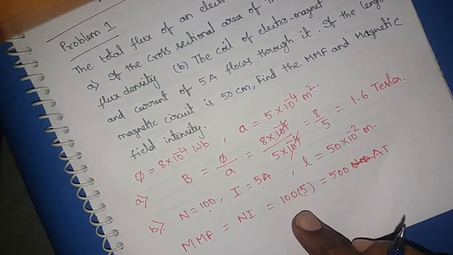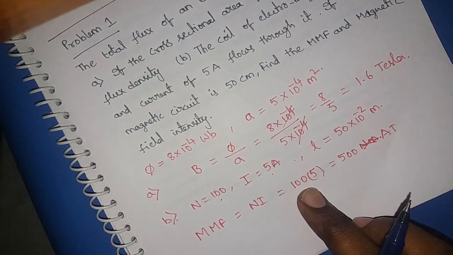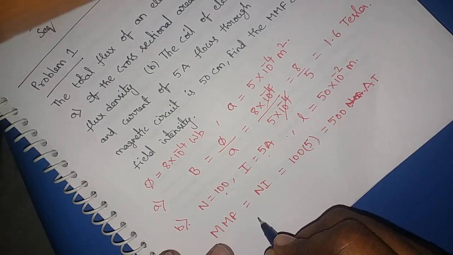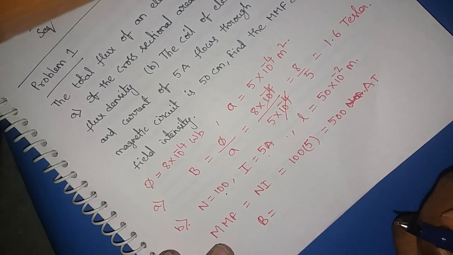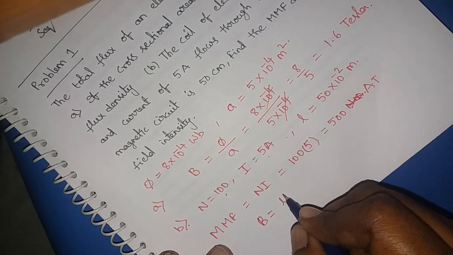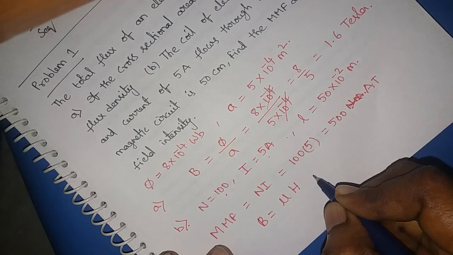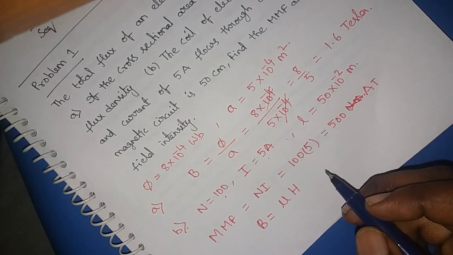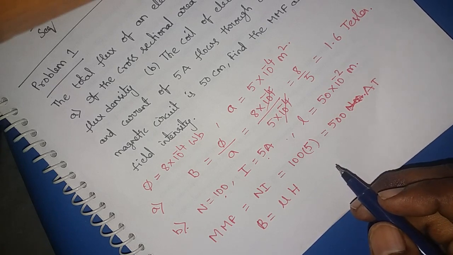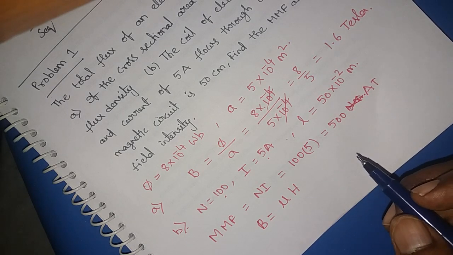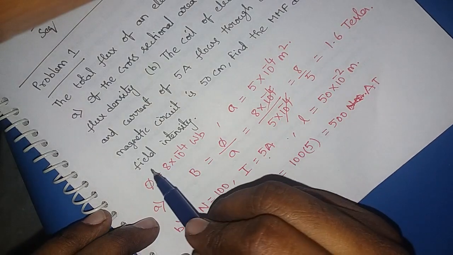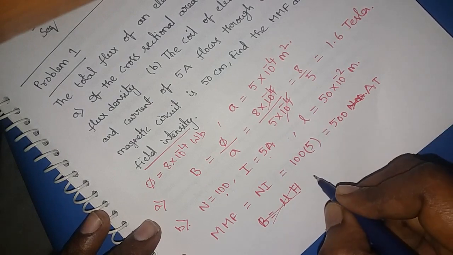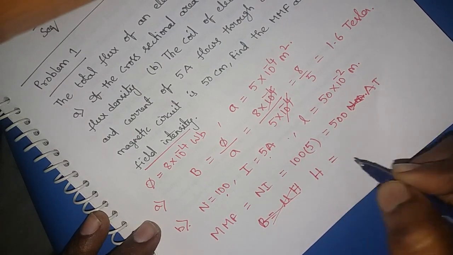Next, what is the magnetic field intensity under this condition? We know that B is equal to mu H. Sorry, it is not magnetic flux, it is magnetic field intensity; H you need to find.